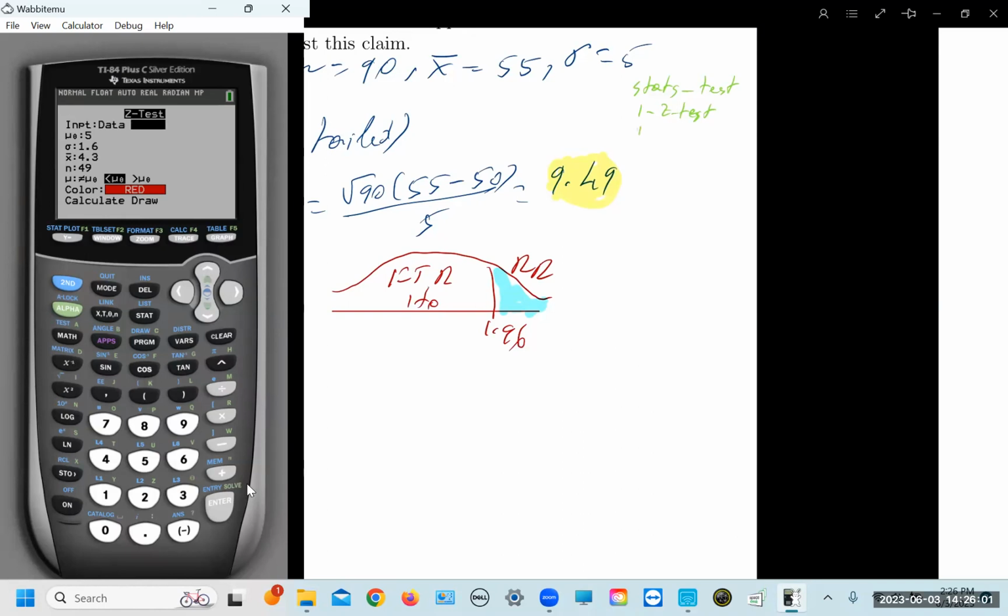So input is stats, and mu 0 is 50 and sigma is 5, x bar is 55, n is 90, and mu greater than mu 0, so calculate. Cool.